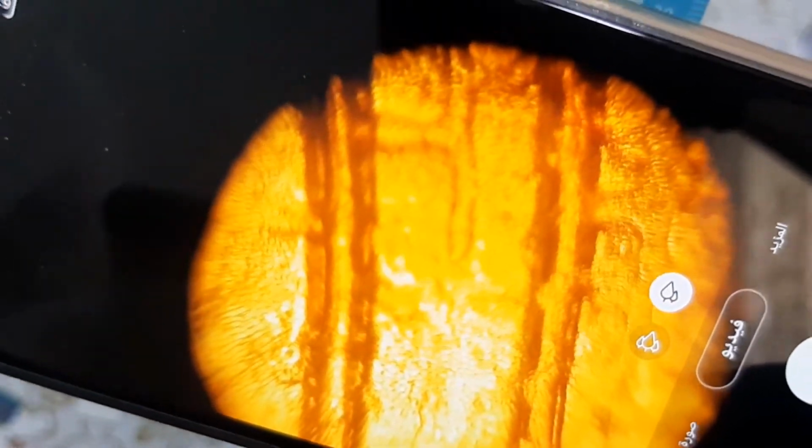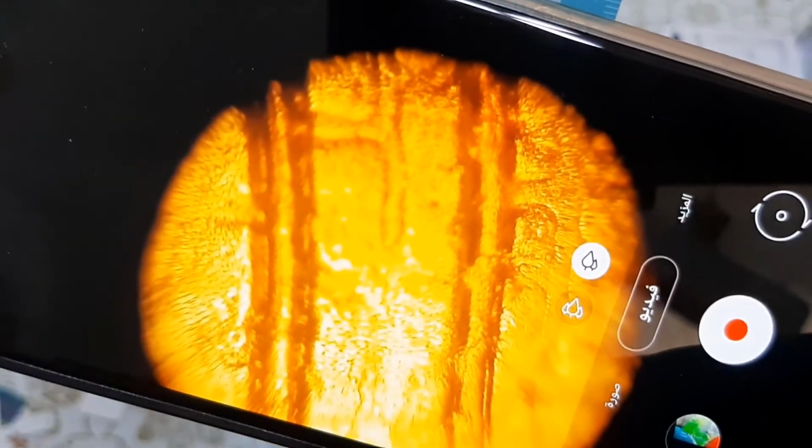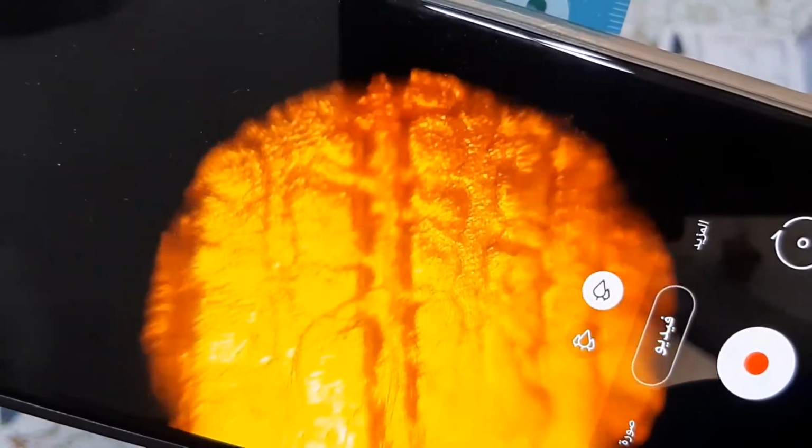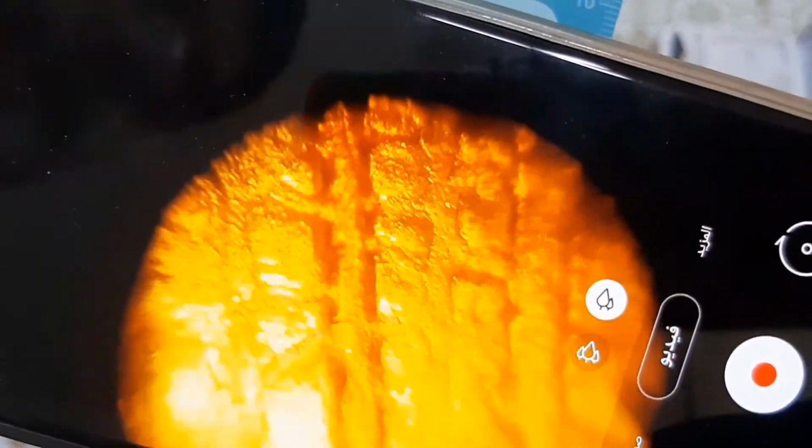For me now, it is looking not bad, but in the video it is more out of resolution, and I guess this is normal because it is being recorded directly from screen to screen. That's why.